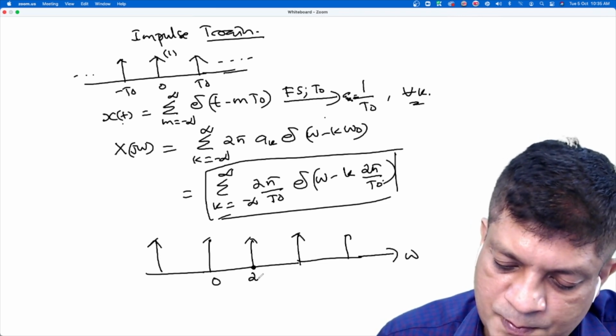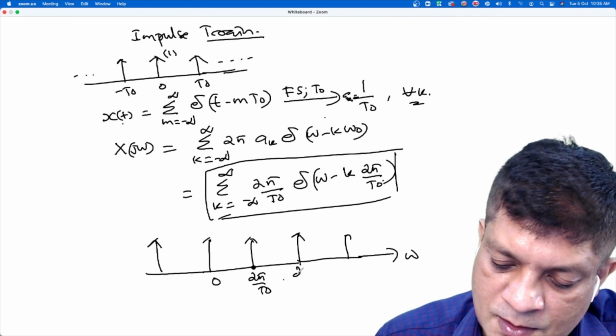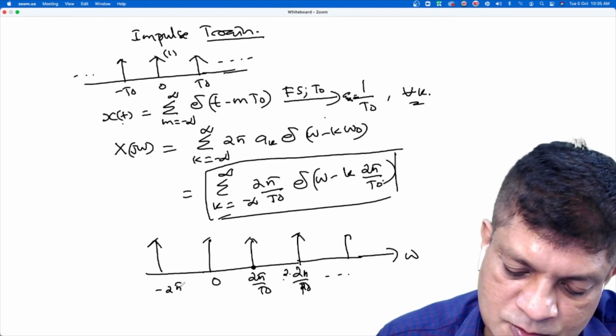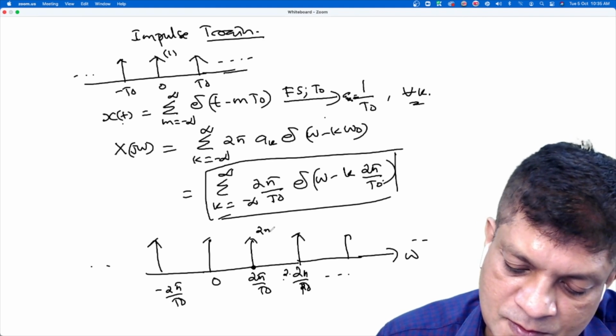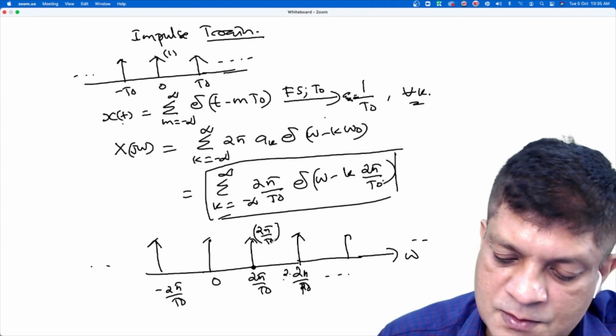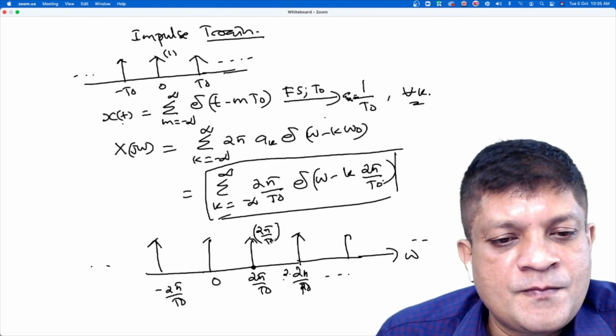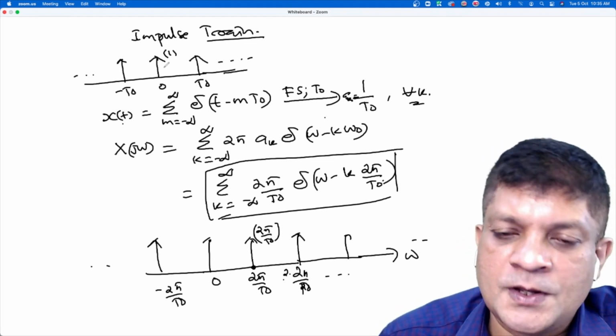This is 2 pi by t naught, this is 2 into 2 pi by t naught, like that, and this is minus 2 pi by t naught. And what is the strength? 2 pi by t naught. This is the spectrum of that impulse train.